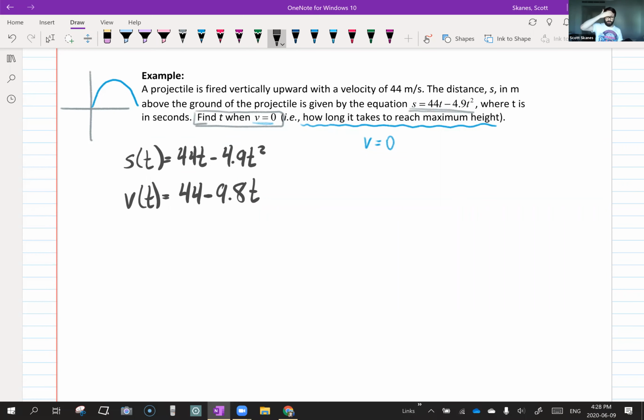Does it ask for acceleration? No. If it did, it would be negative 9.8. What it does ask for, this is our equation, it says find t when v is 0. So we need to set this equal to 0. Or in other words, when v is 0, what's t?